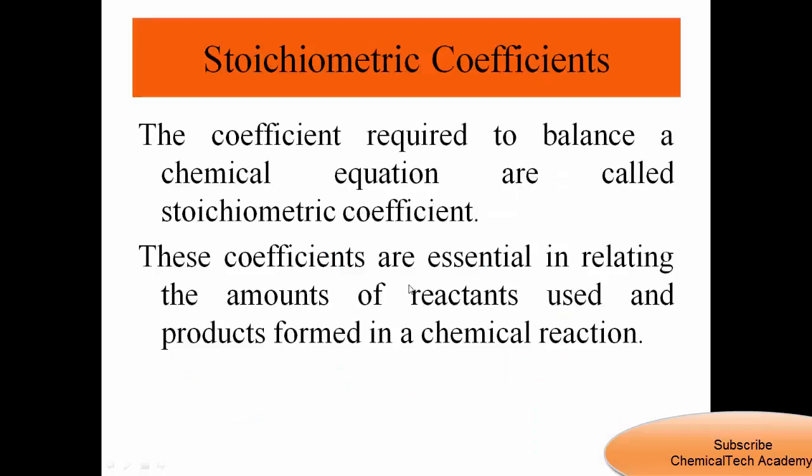So what are stoichiometric coefficients? The coefficients required to balance a chemical equation are called stoichiometric coefficients. These coefficients are essential in relating the amounts of reactants used and products formed in the chemical reactions.